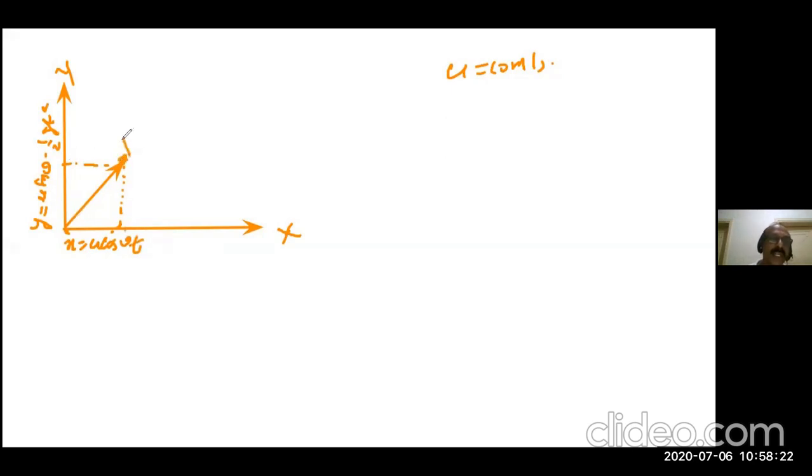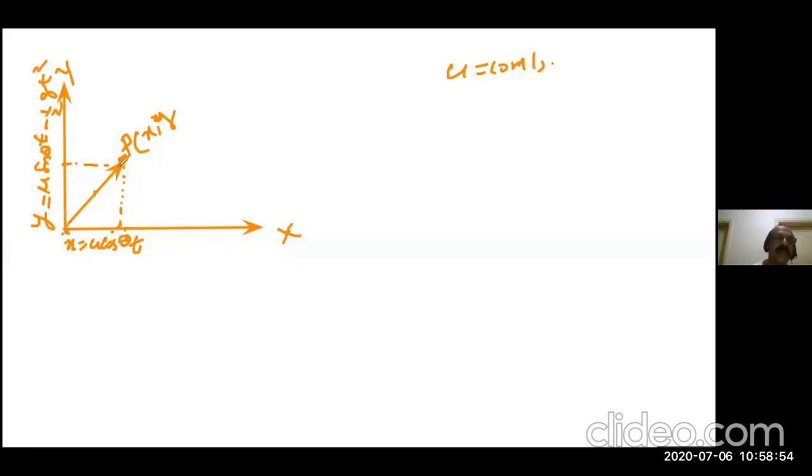Actually the object is here at the point P, where I am marking x, y. Here x is u cos theta into t, and y is equal to u sin theta into t minus half g t squared.